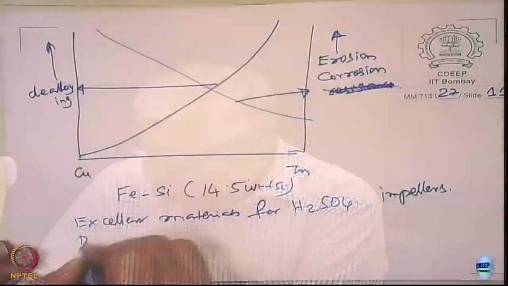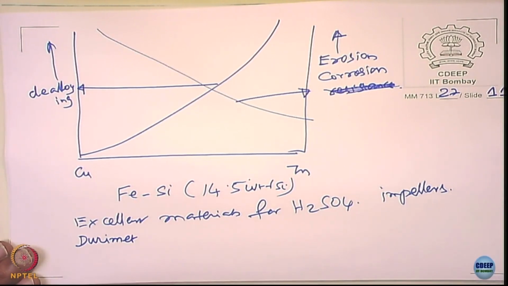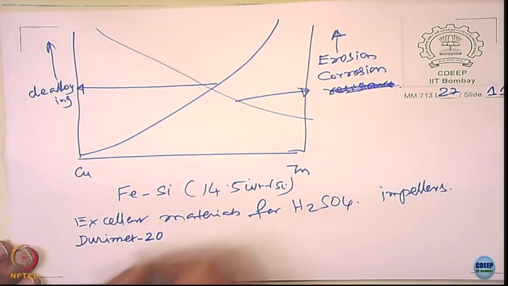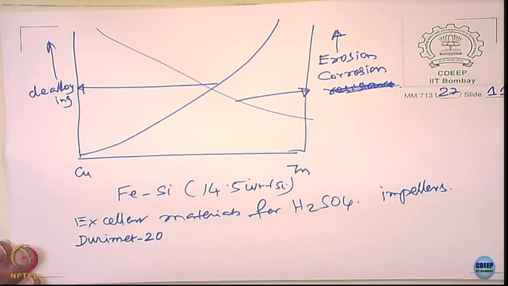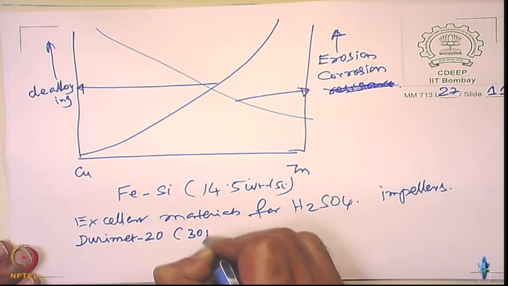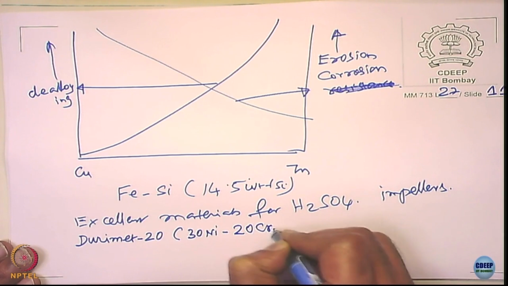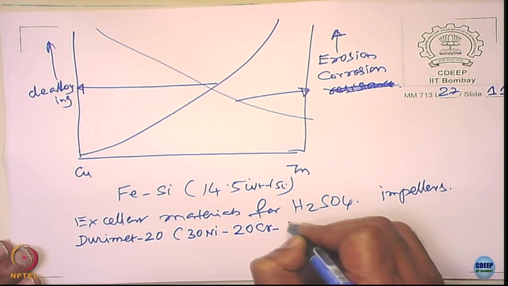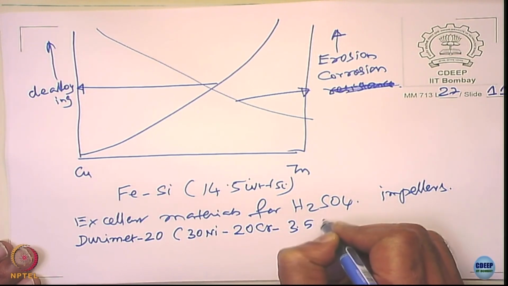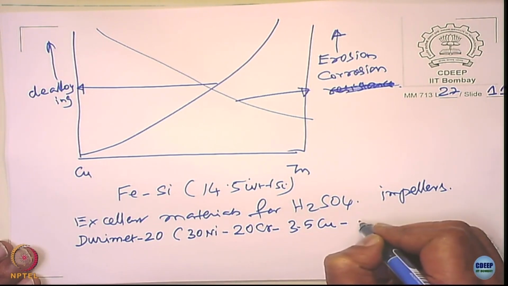You can also give an example, let us say Duramate is an alloy. Duramate 20 is made only for sulfuric acid applications. It consists of 30 nickel, 20 chromium, 3.5 copper and 2 moly.